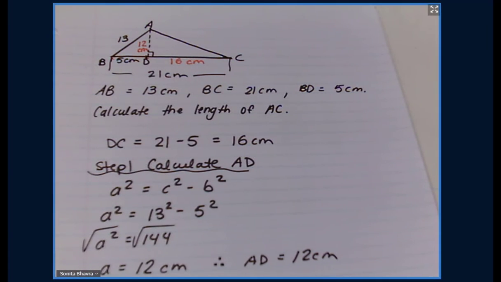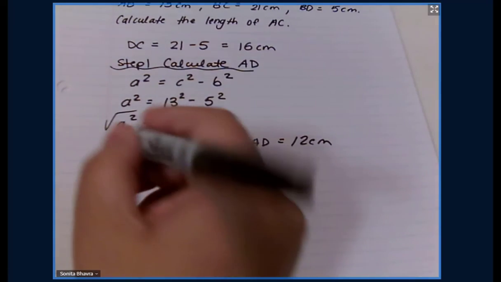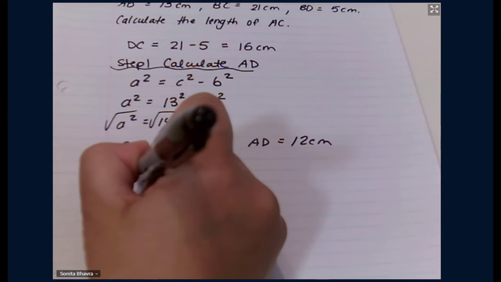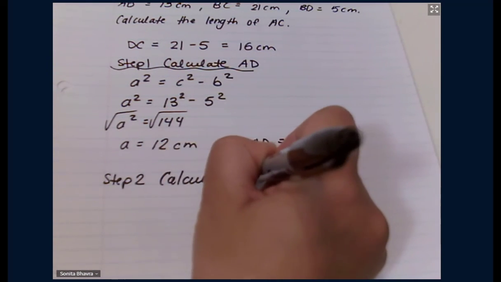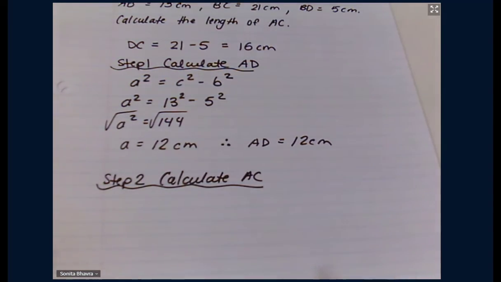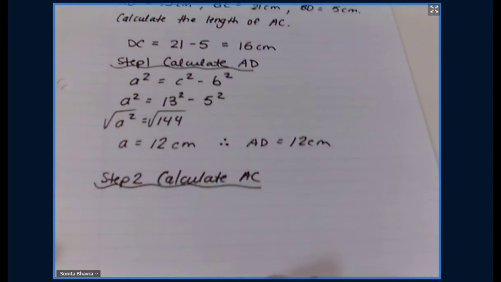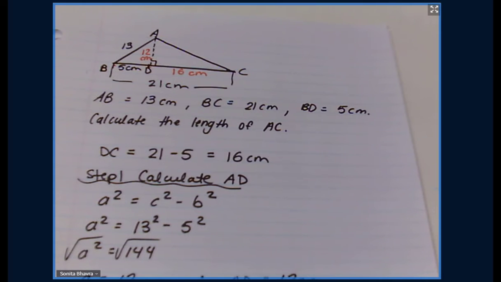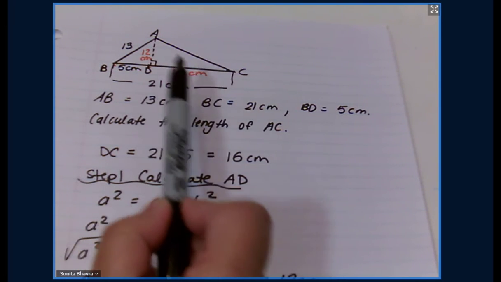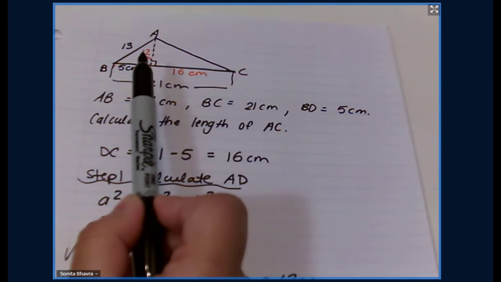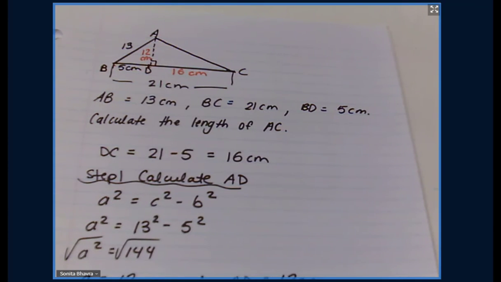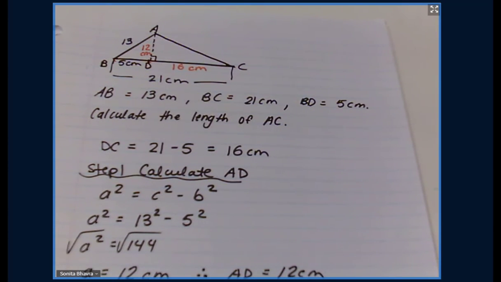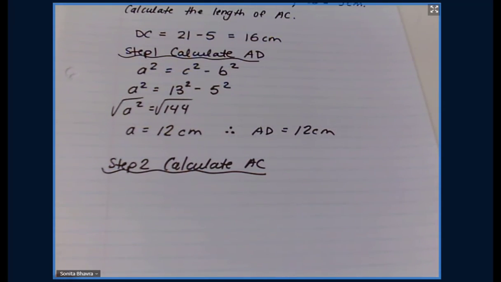All right, so that would be our step 2 now. Calculate AC. All right, I'm just going to go back to our diagram. This time A to C is the hypotenuse. So we have our A and we have our B. So we are solving for C in our Pythagorean theorem.